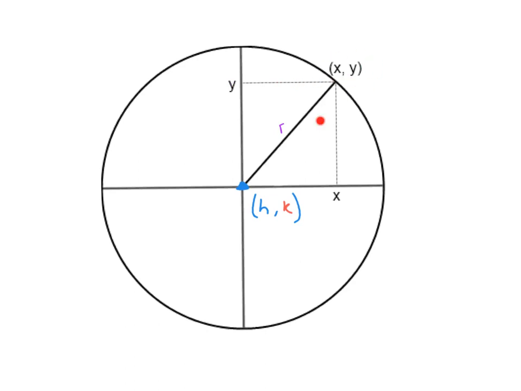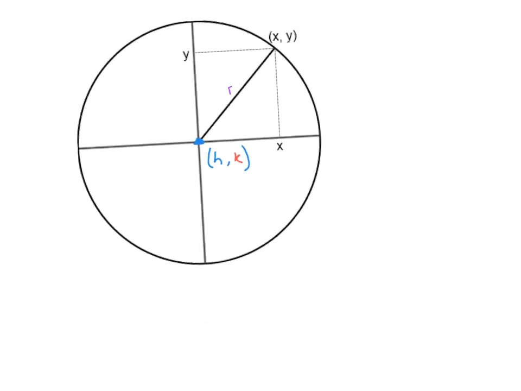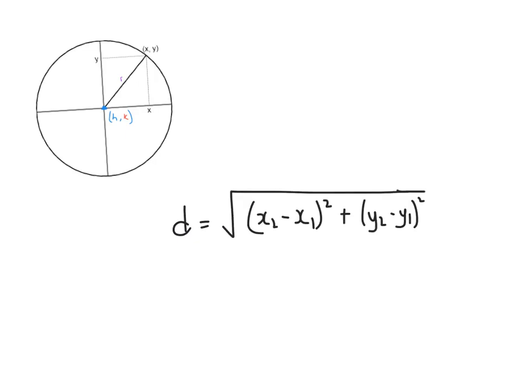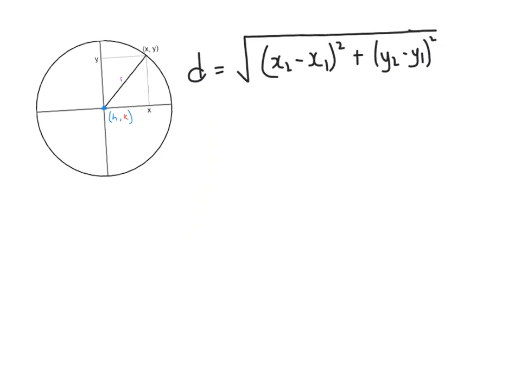So if we want to find the equation of this circle, let's see what we can do to find more about r. We know from our distance formula that distance is equal to the square root of x2 minus x1 all squared, plus y2 minus y1 all squared. So we've got 2 points.